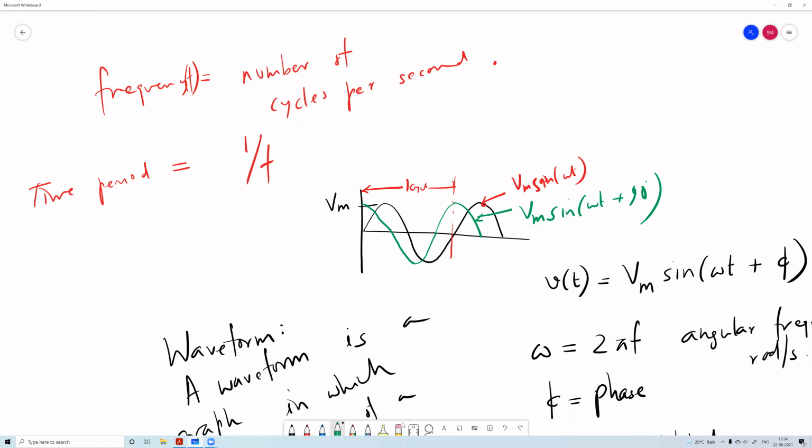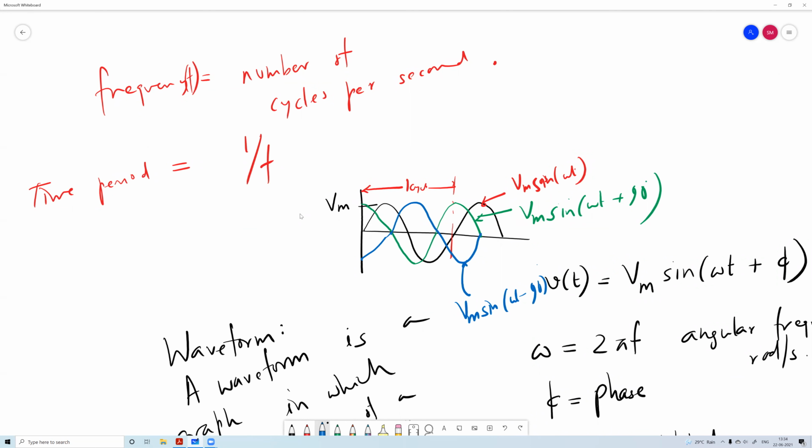Another one, the blue waveform, has Vm sine omega t minus 90.